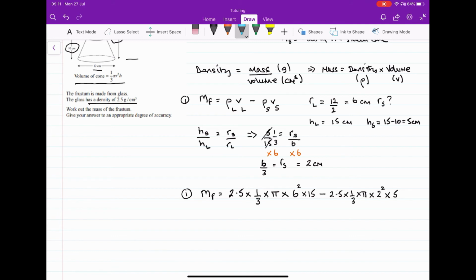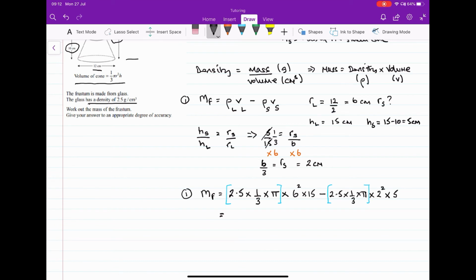We can see that the whole of this part is the same in both of these expressions. So therefore we can take that out of some brackets and minimize the amount of characters we have to put into our calculator. So we can rewrite this by, and it's called factorizing out that factor of 2.5 times 1/3 times pi.